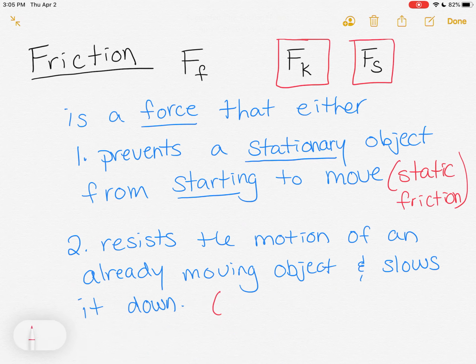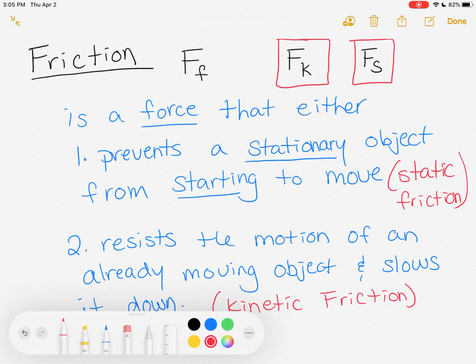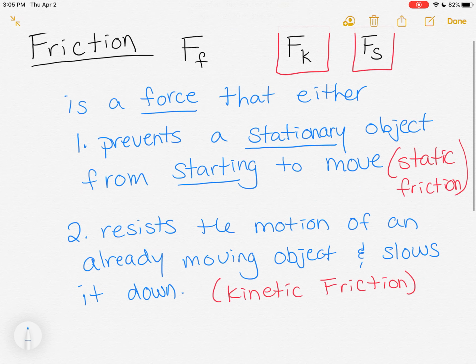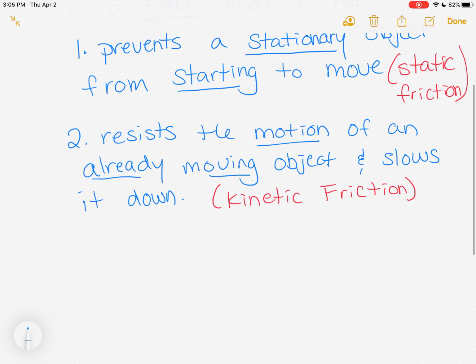This is kinetic friction. With kinetic friction, we are looking at an already moving object and we're resisting its motion. So we are going to start by looking at static friction, which is represented by Fs.